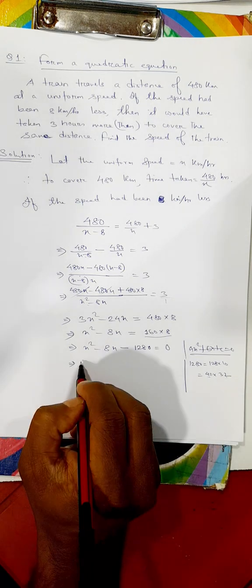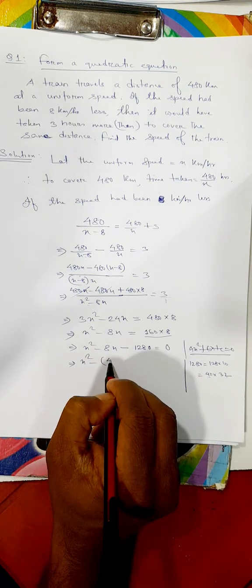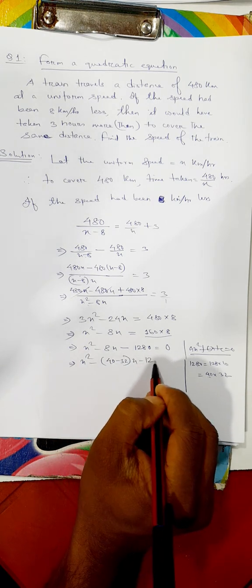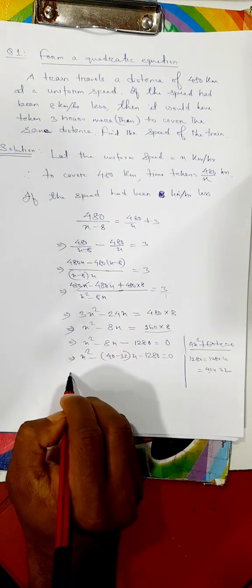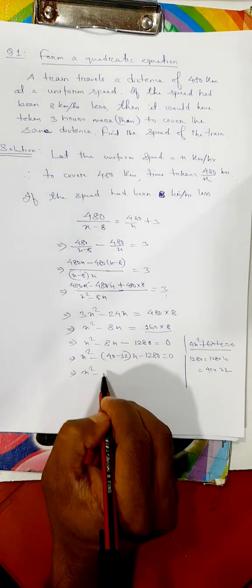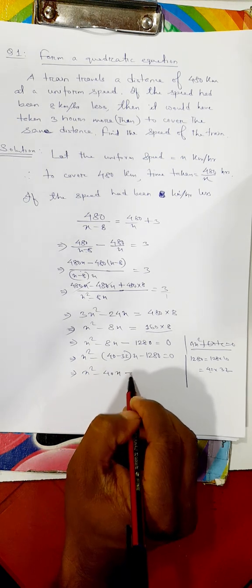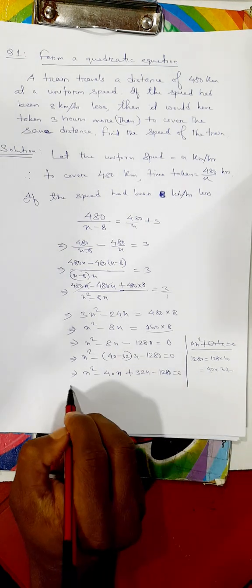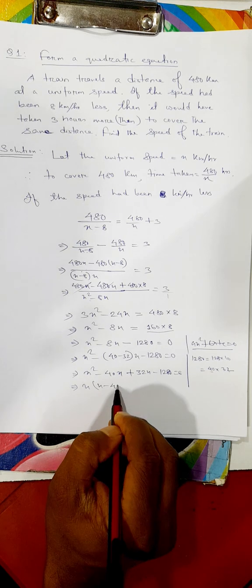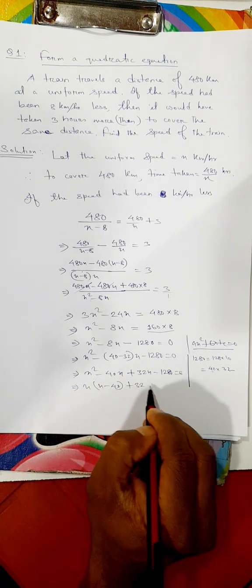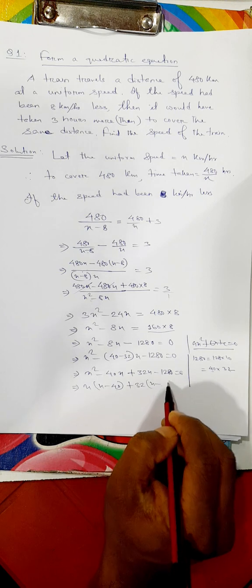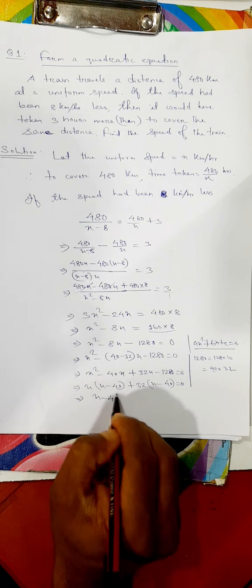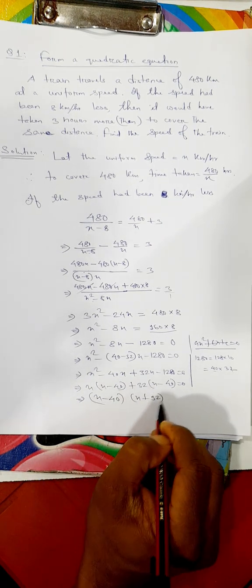So we can split the middle term like x square minus 40x plus 32x minus 1280 equal to 0. This implies x into x minus 40 plus 32 into x minus 40 equal to 0. This implies x minus 40 into x plus 32 equal to 0.